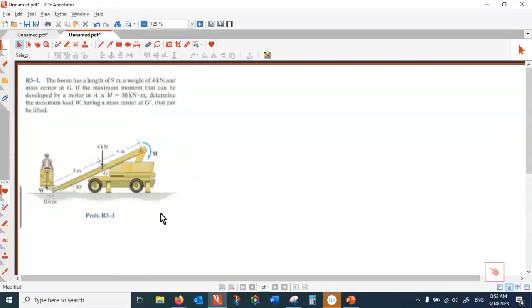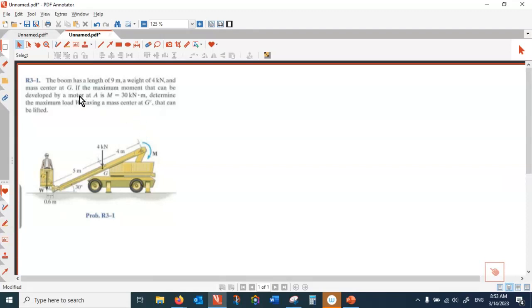All right, here is a boom, and the total length is 9 meters. The weight of the boom is 4 kilonewtons, and the center of mass is not right in the middle. It is at point G. It means the boom does not have a uniform cross section.